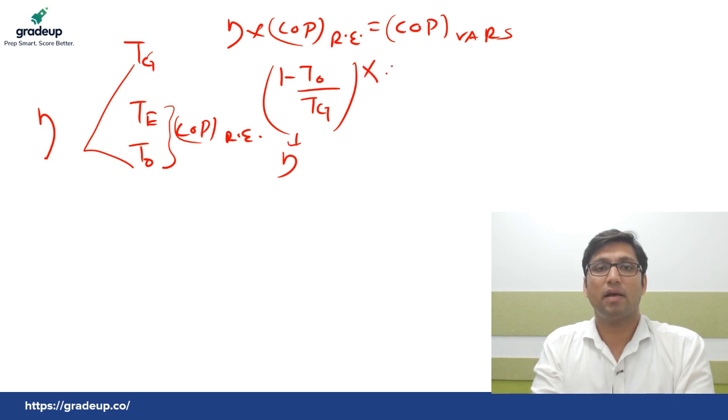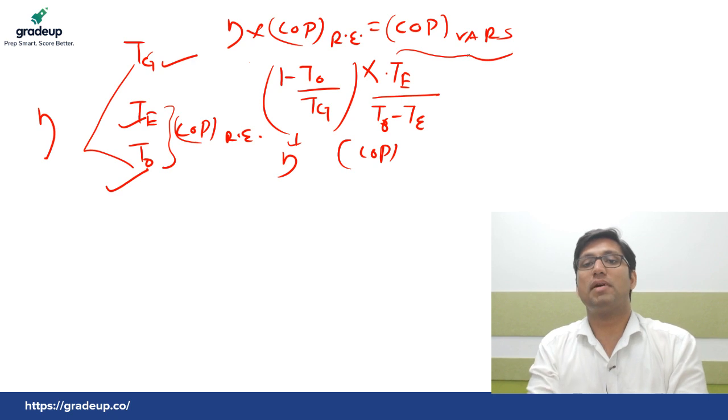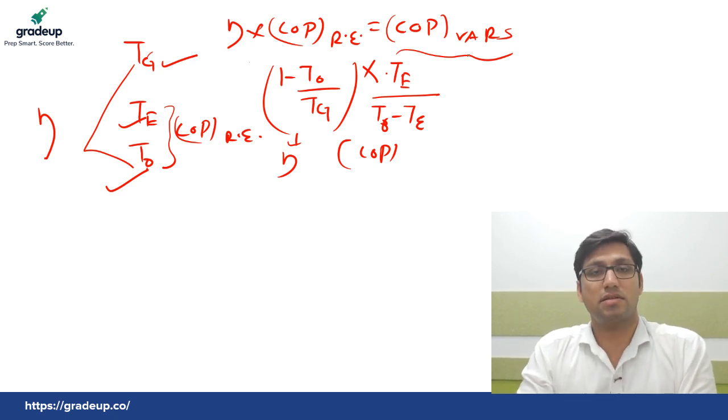It will be Te, the lower temperature, over T0 minus Te. So you just have to find the three temperatures, that is generator temperature, evaporator temperature and surrounding temperature, put these values in the formulas of efficiency and COP, and you will get the COP of a vapor absorption refrigeration system.